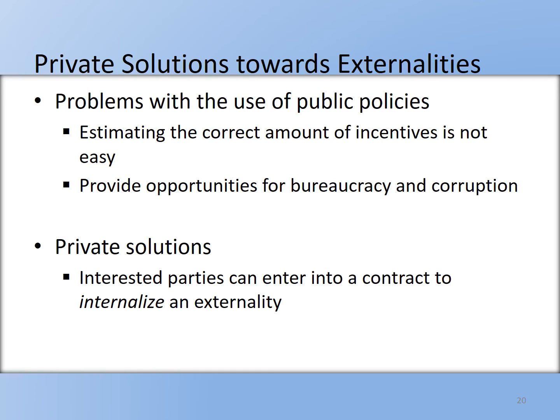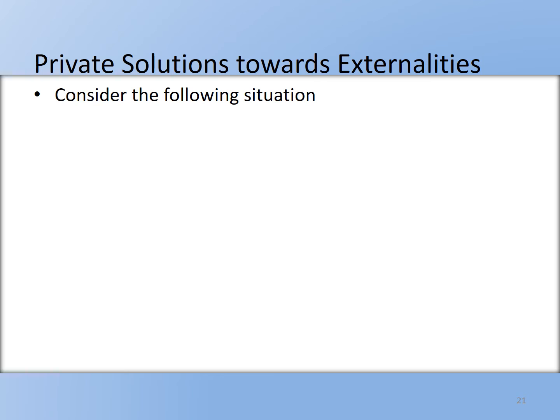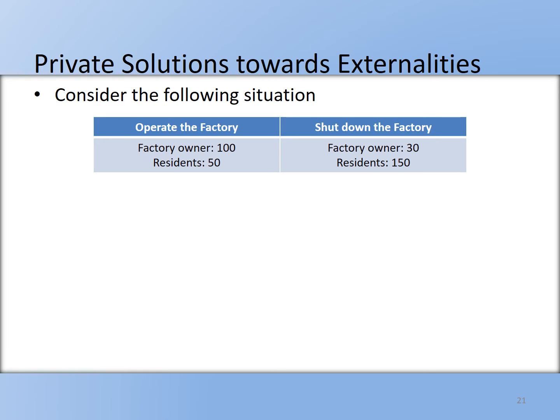So this recognition can be formalized in this example. Let's say we have a factory owner. The factory owner has to choose between operating the factory and shutting down the factory. Operating the factory generates $100 for the factory owner, and shutting down the factory means only $30. But the factory pollutes the environment.